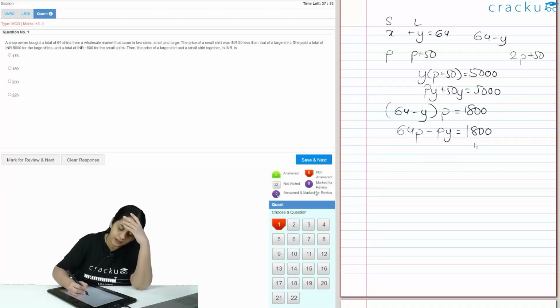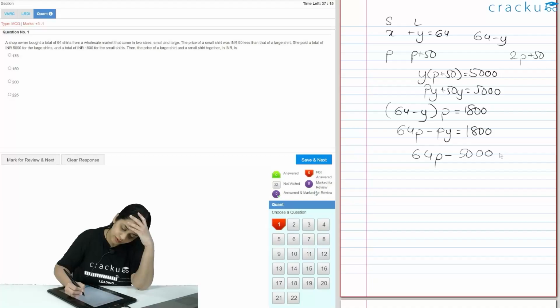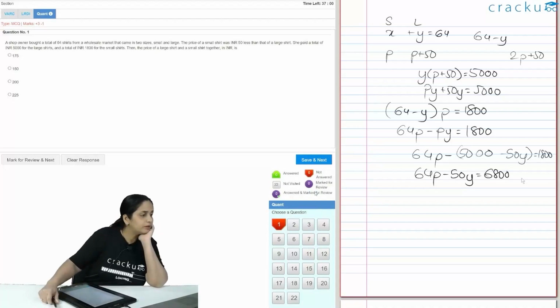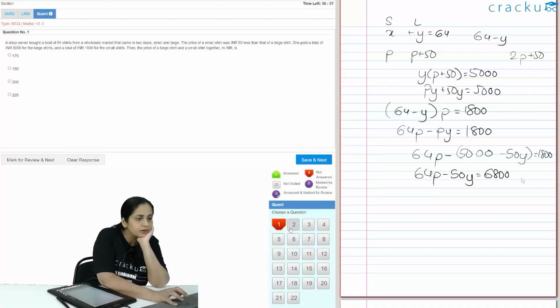Okay, so if this is 1800, then 64p minus py, so that is minus py would be minus 5000. py is equal to 5000 minus 50y. y is equal to 1800. So 64p minus 50y is equal to 6800. I'm not able to make head or tails of this, so I'll just go on because this is 2 minutes time.